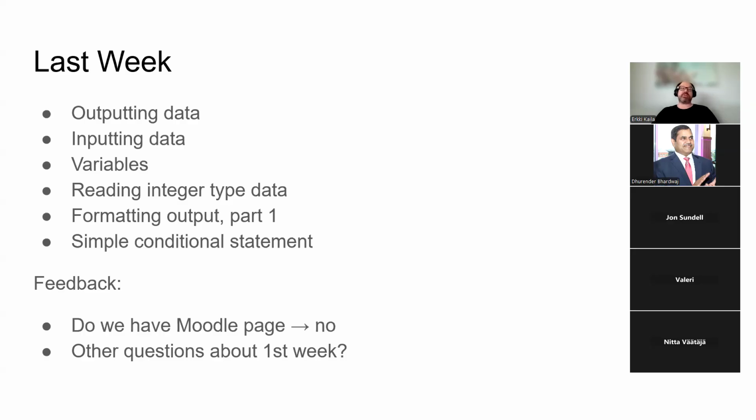We're going to talk more about formatting output in the upcoming lectures, things like f strings, but let's save that for the future. And then the first week was concluded with simple conditional statements, and this is basically where we continue today.